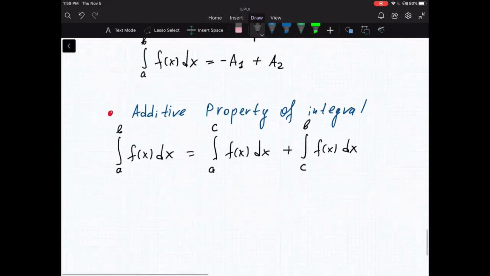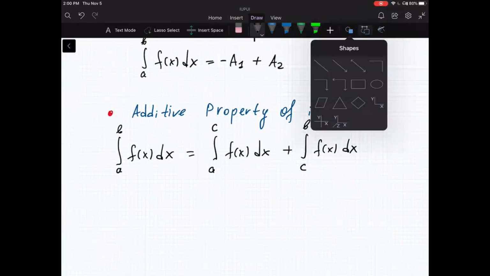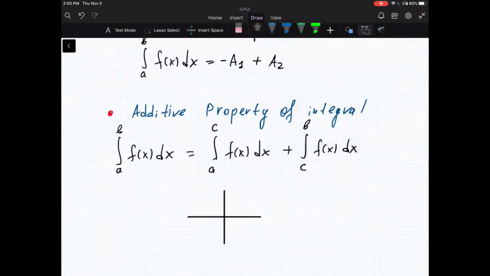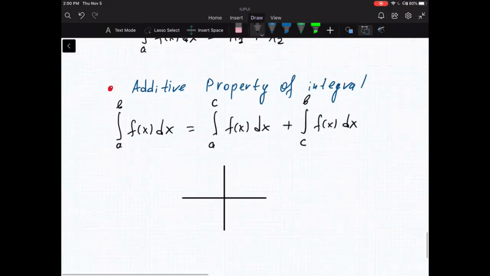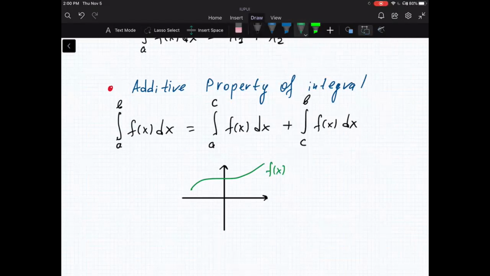And in fact, we have seen this property before, and it represents a very simple fact. Of course, you need to prove it, but from the picture it's straightforward. If you have some function f(x), and two points a and b, and some third point c, in general it can be inside interval ab or outside, but for simplicity, let's put it inside.